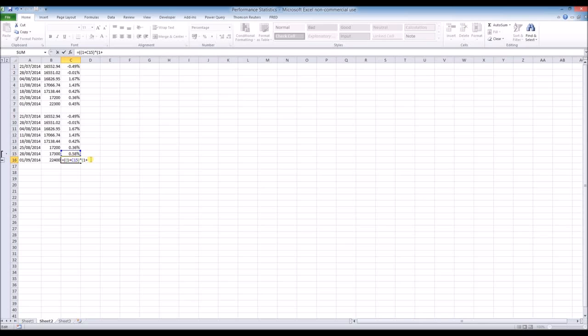So the second half of the week has returns of 22,400 minus 17,300, but remember we need to add the capital injection, so it's minus 17,300 plus 5,000, divided by 17,300 plus 5,000.